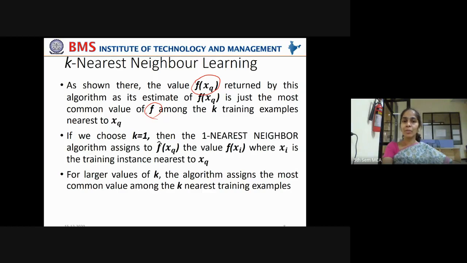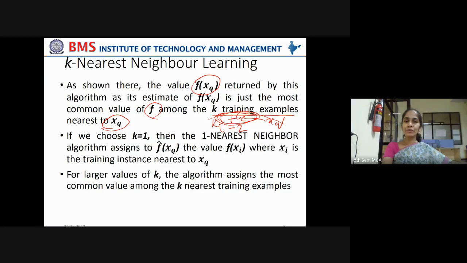It's just the most common value of f among k training examples nearest to xq. So in this positive and negative class, among these k training examples, this xq is similar with 6 of the positive training examples and 2 of the negative training examples. So obviously we assign this to the positive class, that is f cap of xq. F is the function, that is the classification, that is learned by the target function.